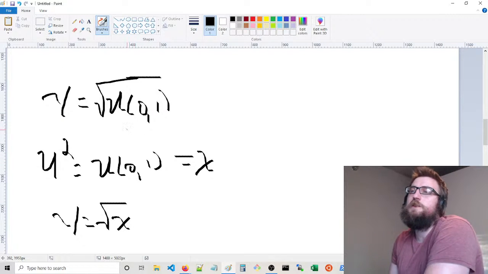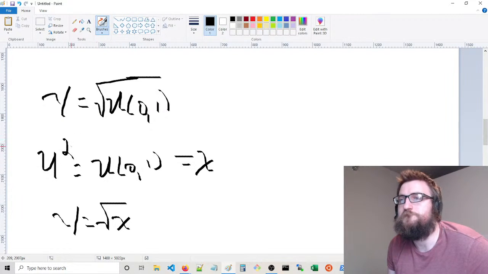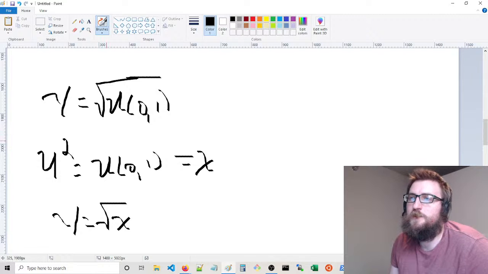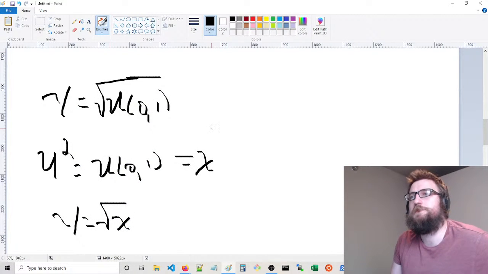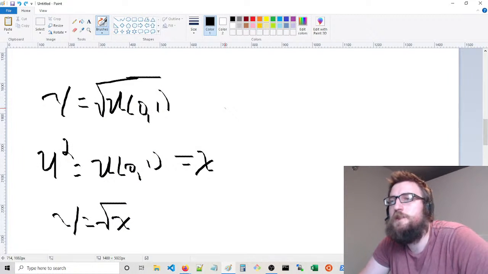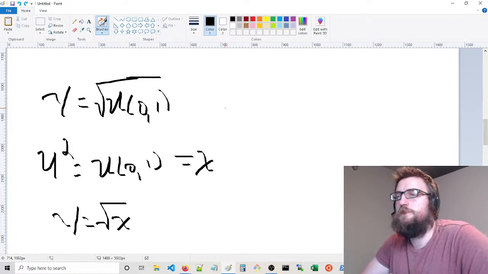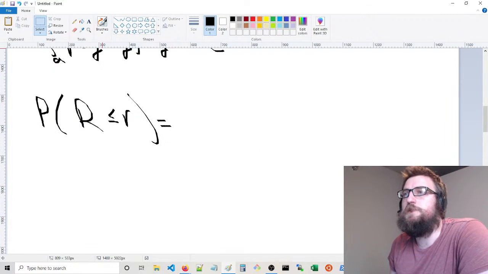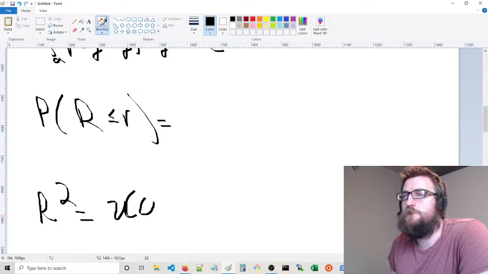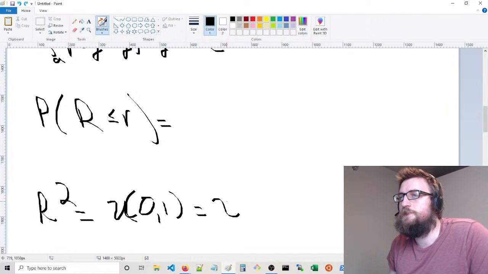I think that's what we're getting at. We want to say y squared, r squared. If we want r squared to be uniformly distributed, that means r is the square root of x.